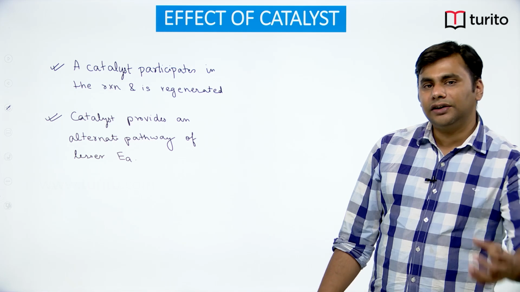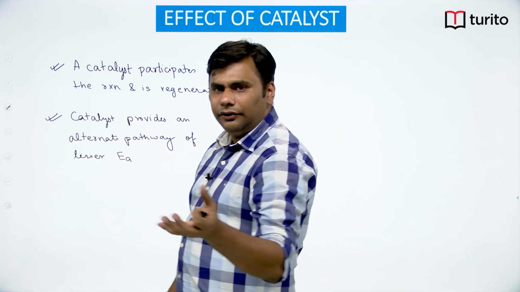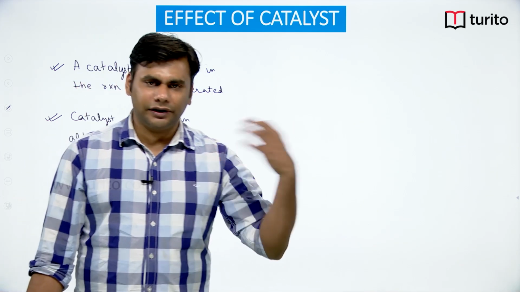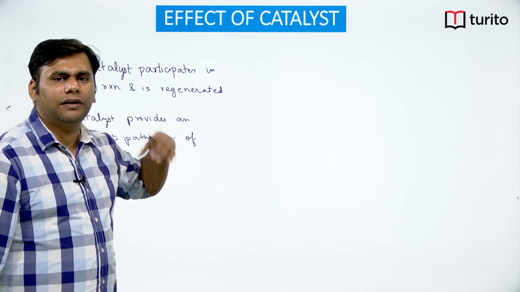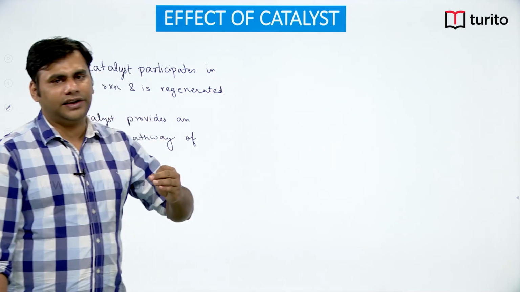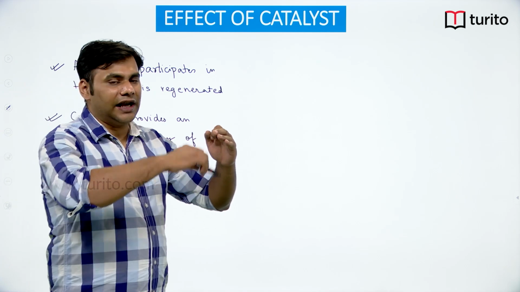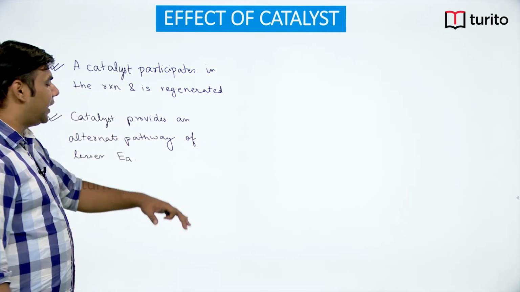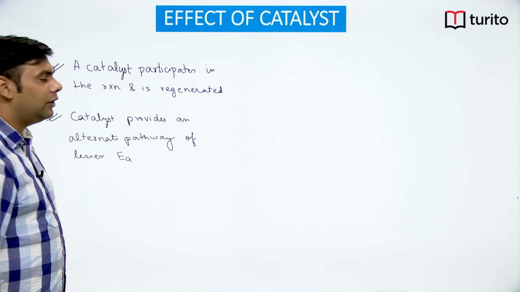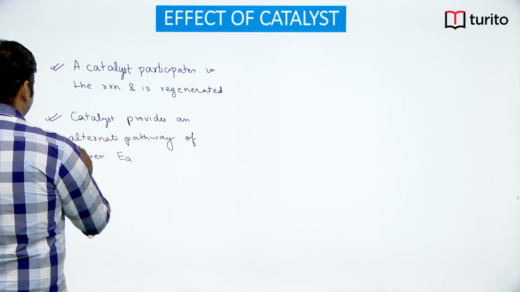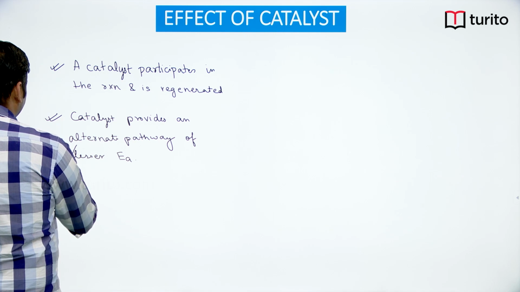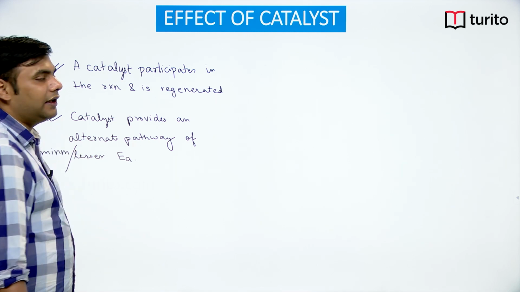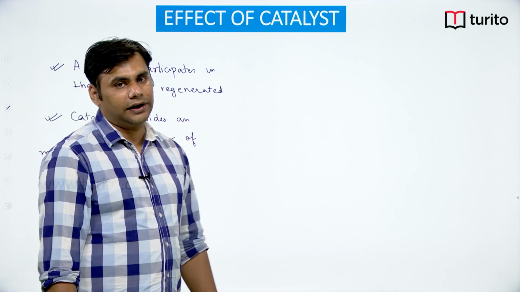When we took the catalyst, it binded with the transition state and stabilized it through some factors which we are going to study when we study the reaction mechanism. So basically it stabilized, so the reaction went through a new pathway. So it is providing an alternate pathway of lesser or of minimum energy. That's why we are saying that the catalyst increases the rate of reaction.